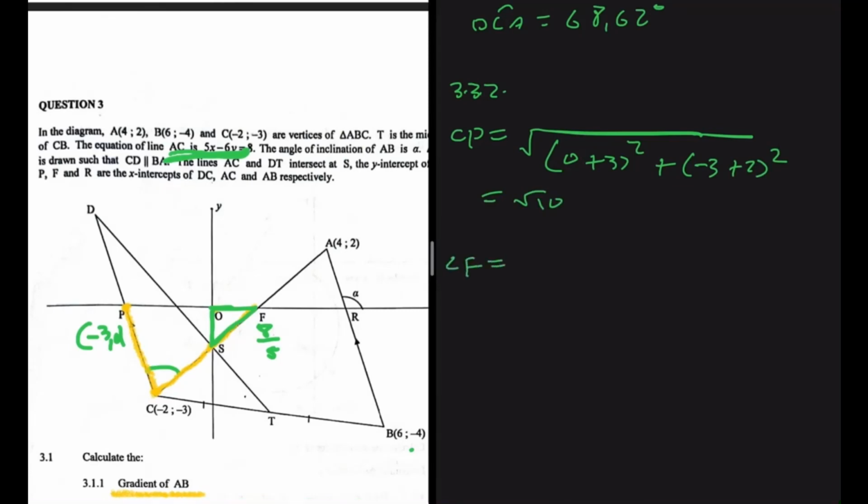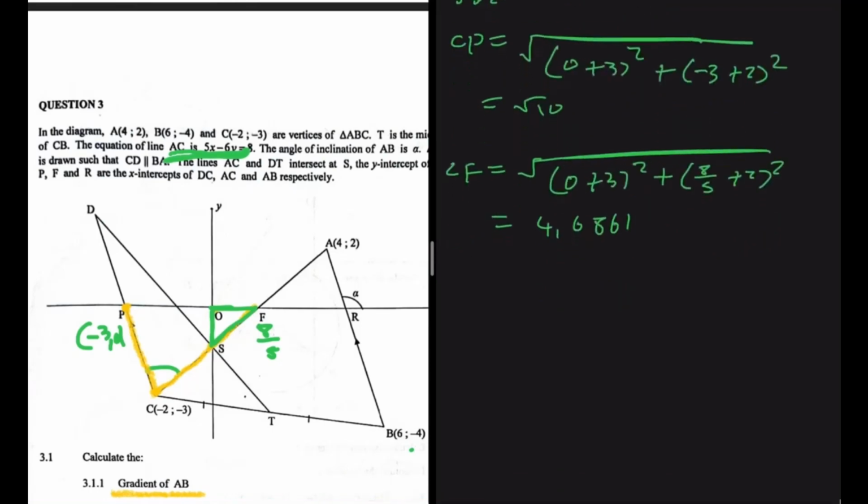CF, let's take F as the second point. So we're going to have y2 minus y1, so we have 0 plus 3 and then squared plus x2 minus x1, so we're going to have 8 divided by 5 plus 2 squared, right? CF, I'm getting 4.6861. Let's not round off to 2 decimal places when we're not at the final answer, right?